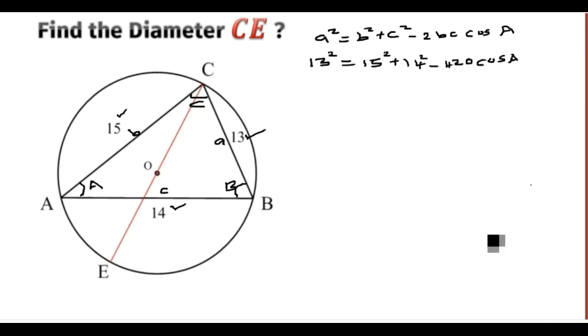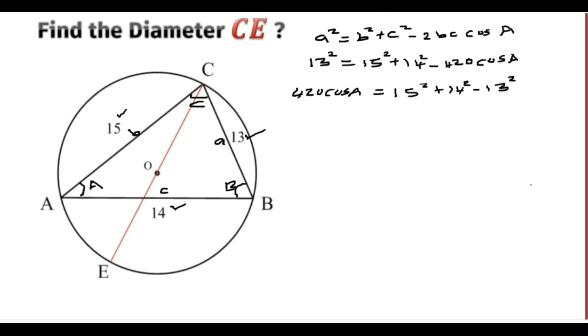So if we rearrange, negative 420 cos A coming to the left hand side of the equation will be positive 420 cos A, equals 15 squared plus 14 squared. Now, plus 13 squared going to the other side of the equation will be minus 13 squared.